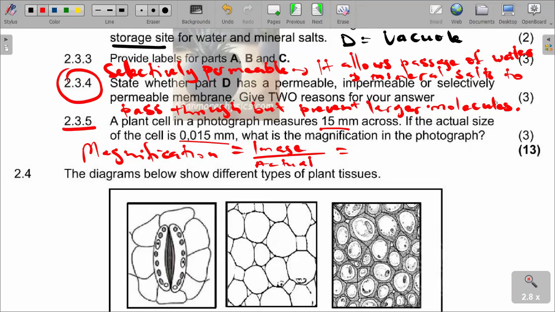You shall see that the photograph measures 15 millimeters across, and the actual size of the cell is 0.015. So it is image over actual, which is 15 millimeters over 0.015. That can give us 1,000.